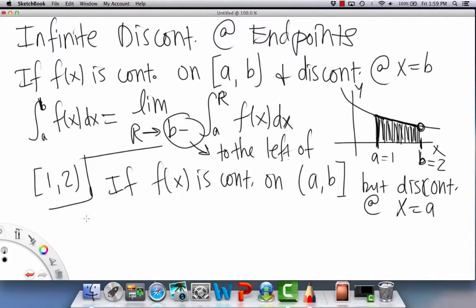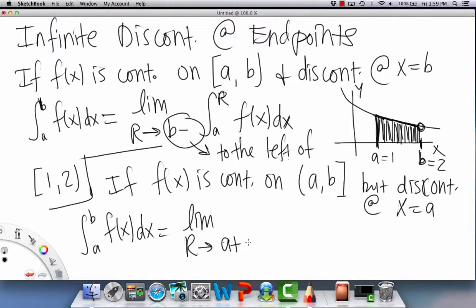Okay, so now this is what it looks like. So we have this, and then we're going to use our handy dandy r again, and this time it's r goes to a plus. And this means, since the minus meant on the very left of, this is going to mean to the right of, to the right of.